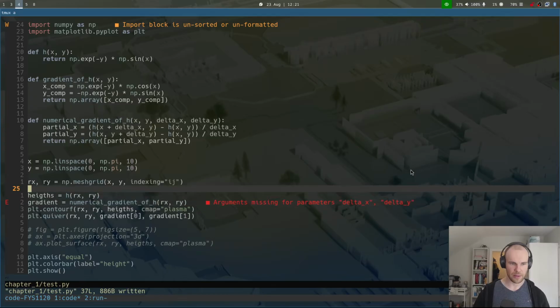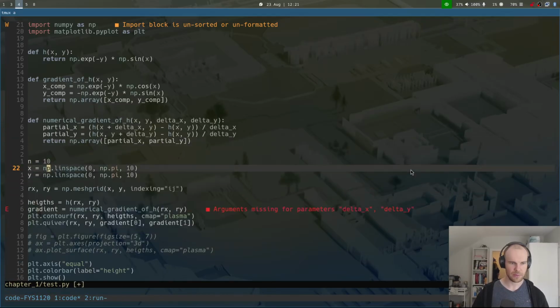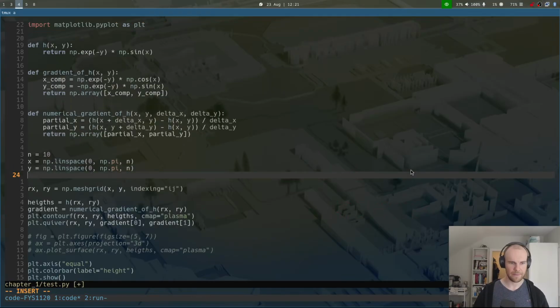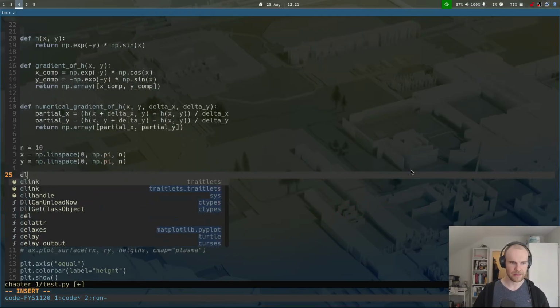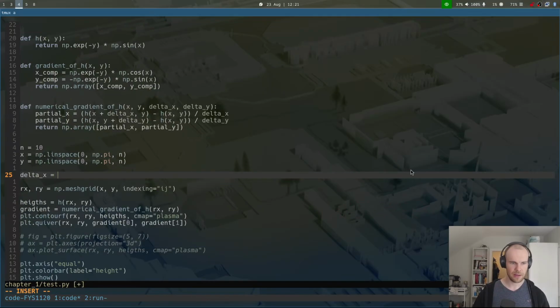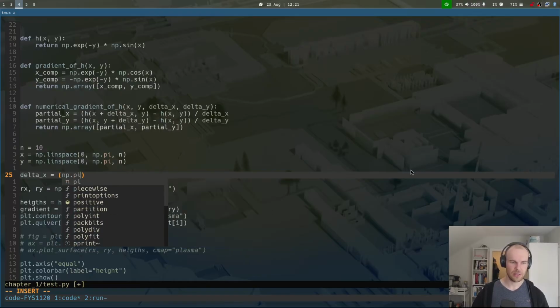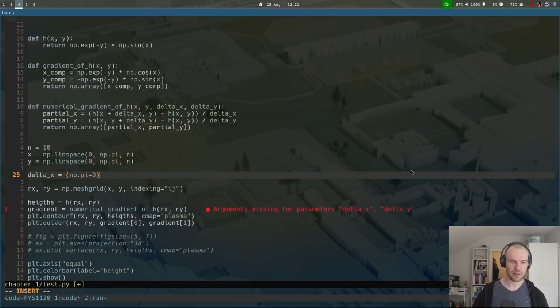Oh yeah, I need, if I call n is equal to 10, and then we say delta x is equal to, what was it again? Yeah, np.linspace, just to make it clear, start, stop.